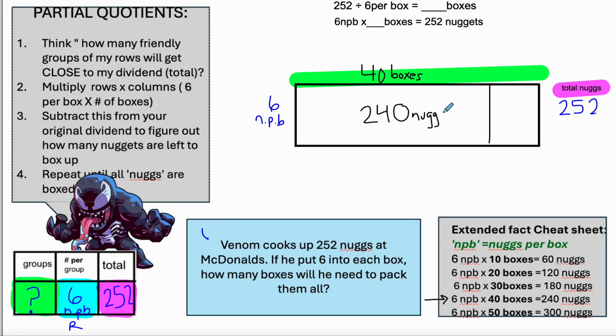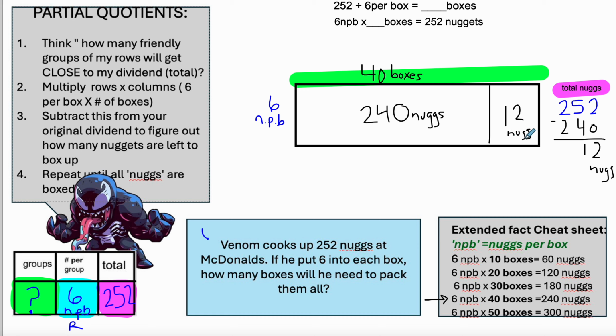And this is, I think, number 3 on your homework. So I'm going to subtract those nugs that I've already boxed up, and I want to see how many nuggets I have left to box. Oh, nice, you guys. I only have 12 nugs left. And remember, guys, your amount of loose nugs goes in here.